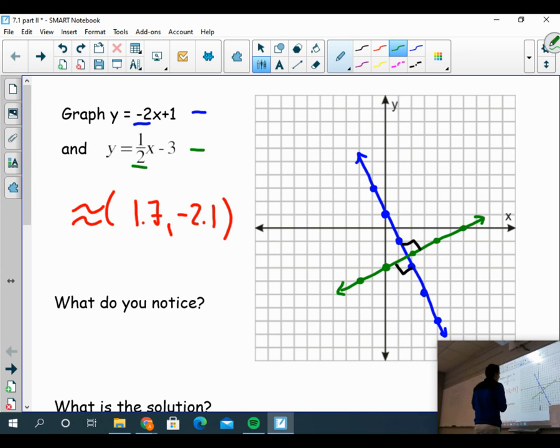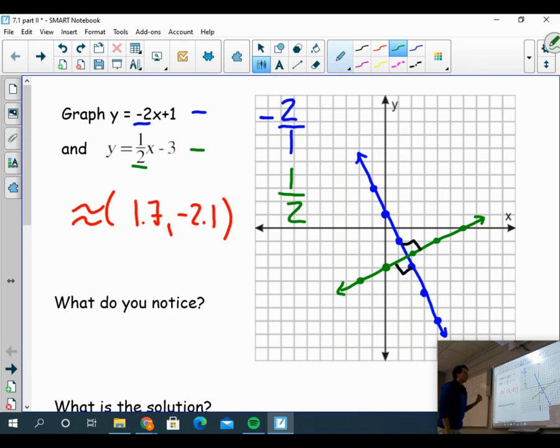Reciprocal is the fancy math word for saying their fractions or the slope is a flipped fraction, if you want to use common words, a flipped fraction. If we look at the numerical value of these slopes, the blue one is negative 2 over 1. The green one is 1 over 2.